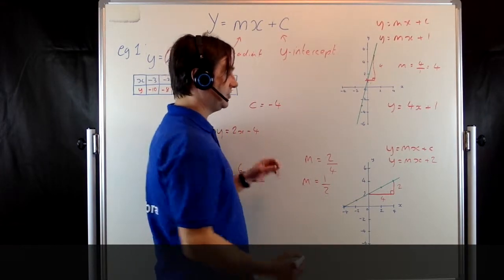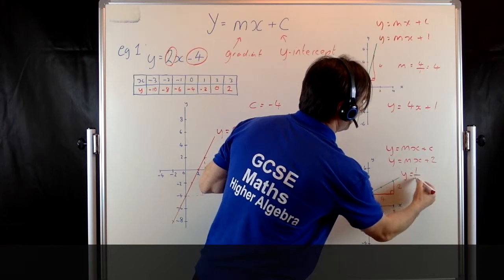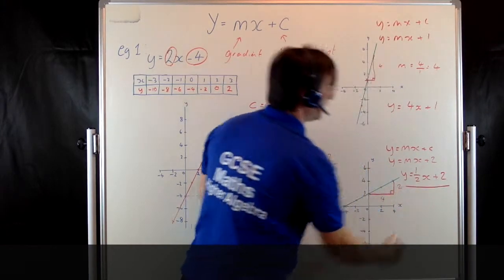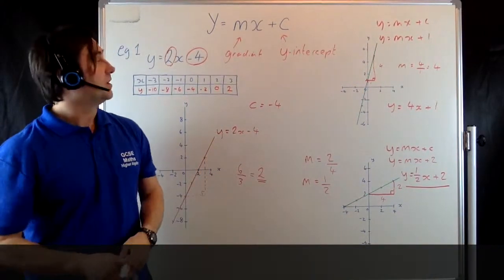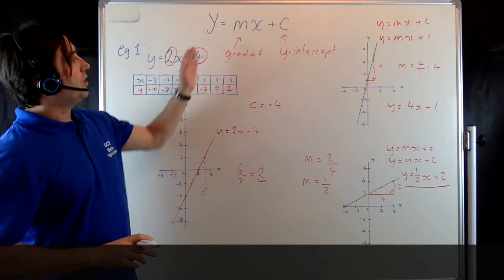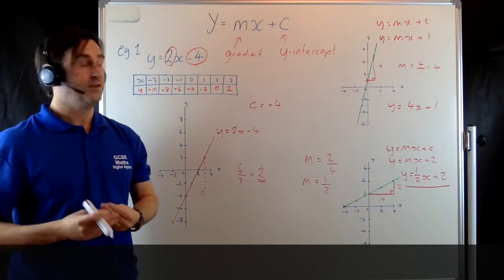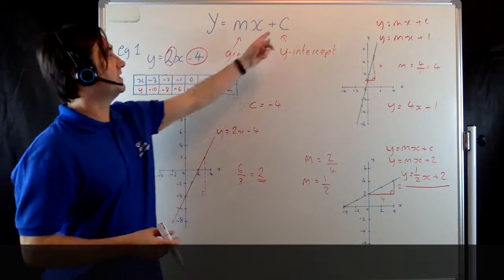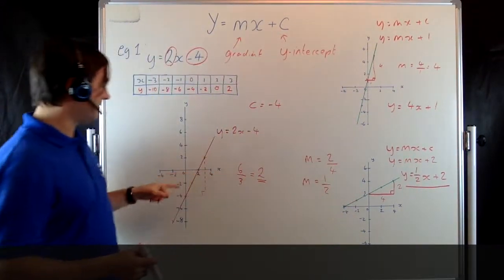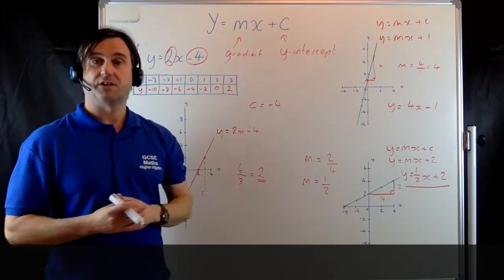So now I can finish off my equation and write y equals a half x plus 2. So to summarise, y equals mx plus c is the general formula for a straight line graph, and we've just seen that c is represented by the y-intercept and m shows us the gradient of the line.